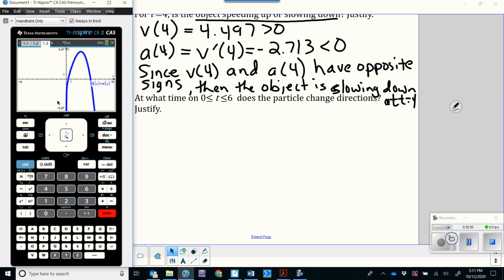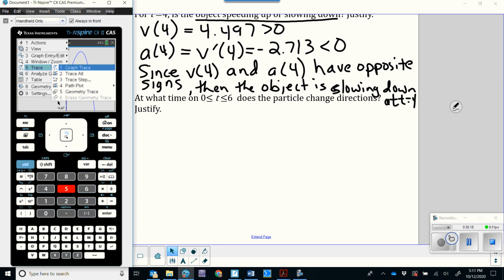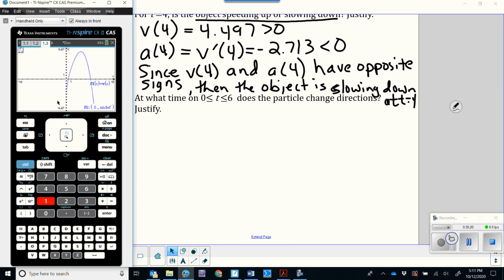Now I only care about 0 to 6, so I'm going to just trace, because I'm going to go find those zeros. So I'm going to do menu, trace, graph trace, and I'm just going to start working on the graph, and I'm going to trace, and it says 0 right there. If I hit enter, it will stick that 0 there.